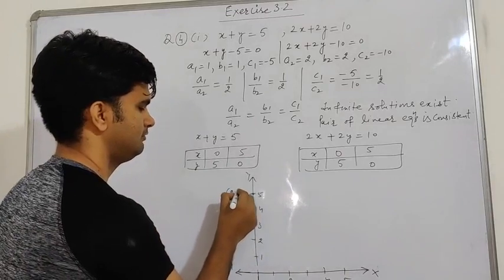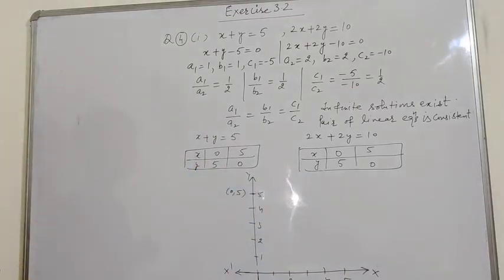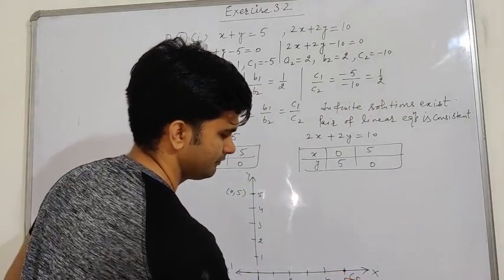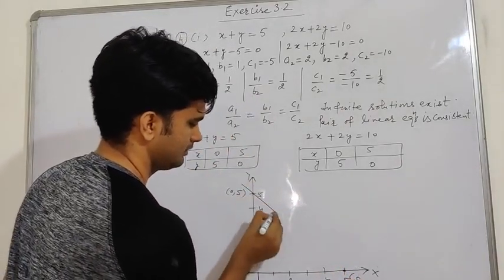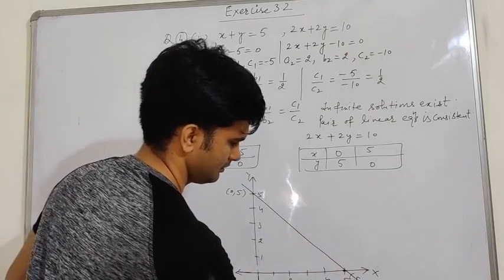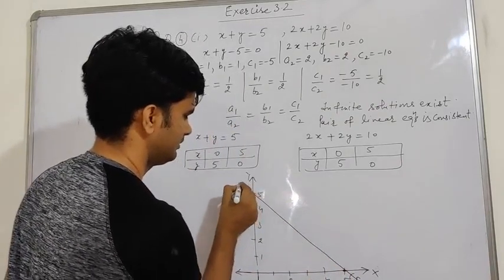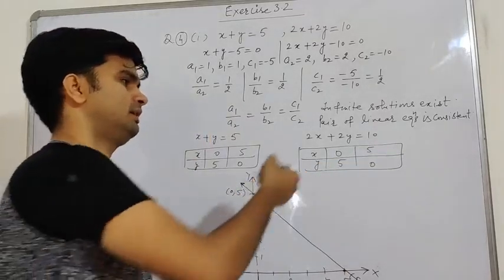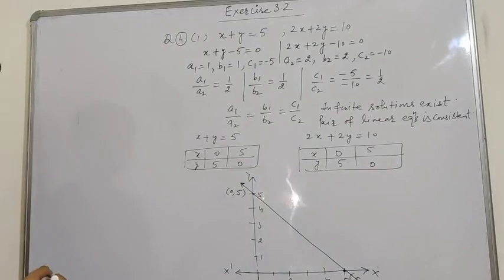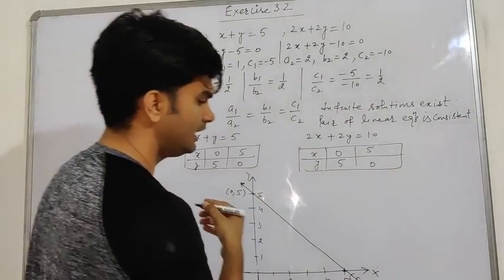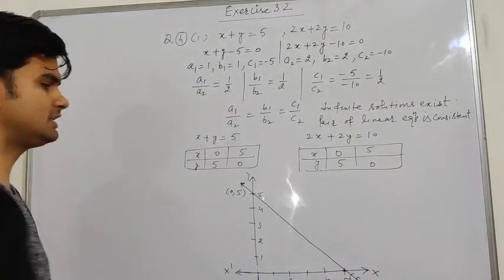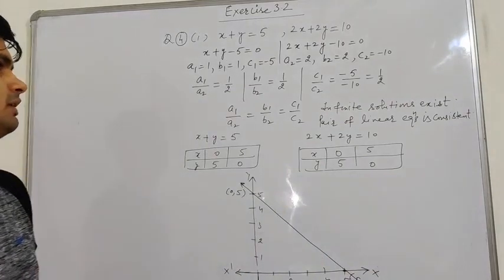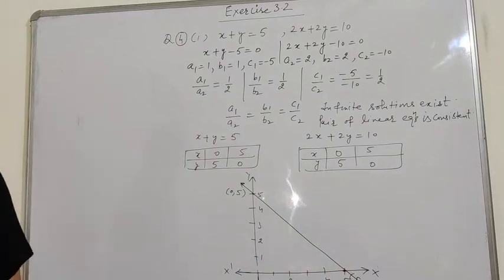X is 0 and y is 5. It should be on y axis. And here x is 5 and y is 0. Right? And same points are here for next equation, second equation which is given. And here infinite solution exists. Each and every point is the solution of these two equations, right? Now come to next part.